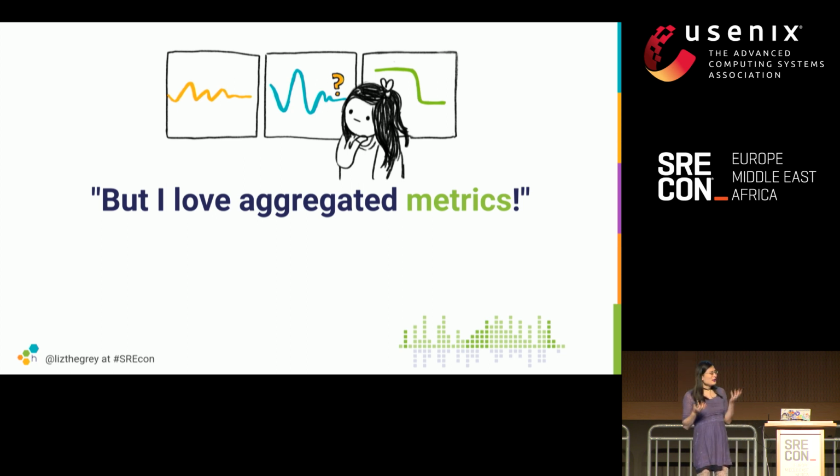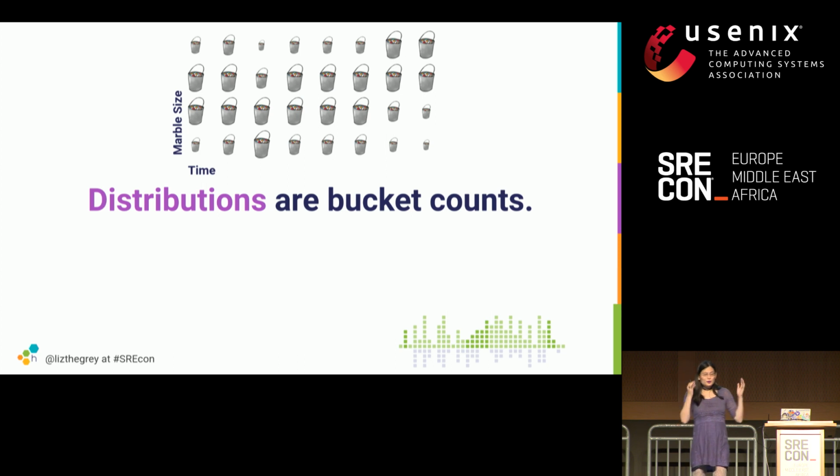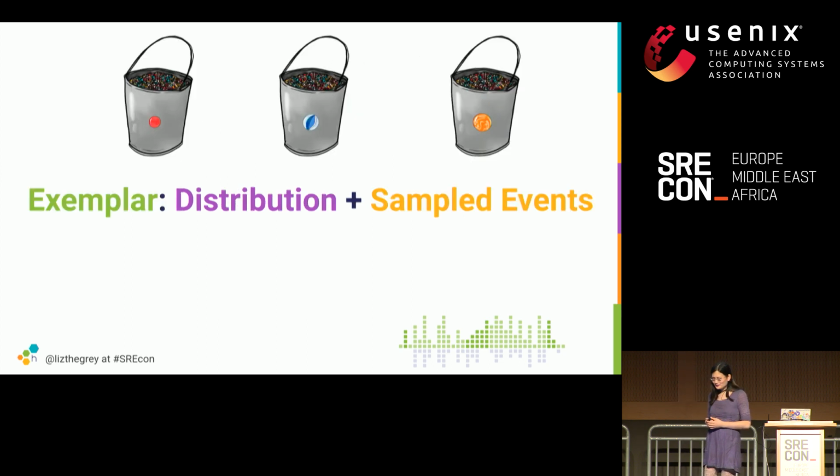Some of you may be in metrics world, and that's okay. What I'm going to argue is that if you have aggregated metrics, what you have is a collection of distinct, kind of ground up marble dust buckets, right? Based off of the time and based off of, for instance, size or latency. You have relative volumes of data that fit into various bins.